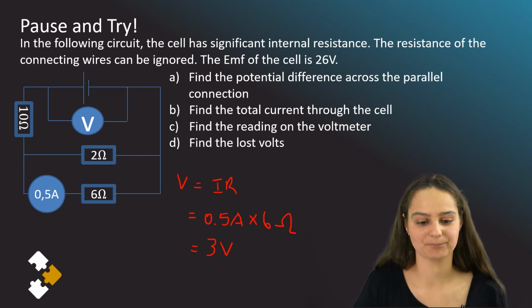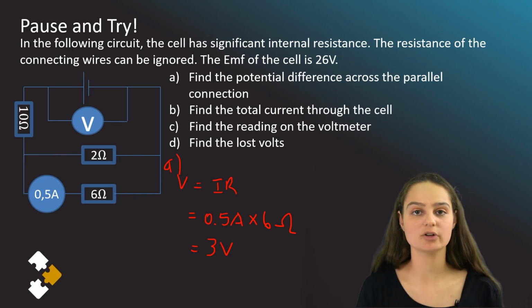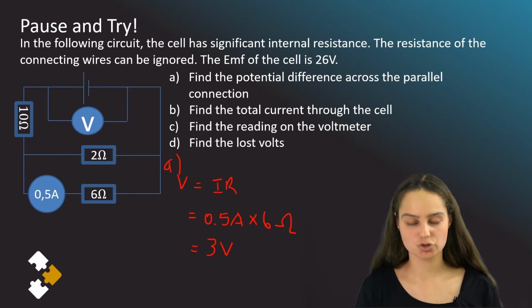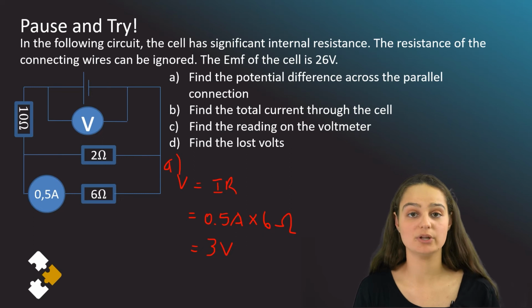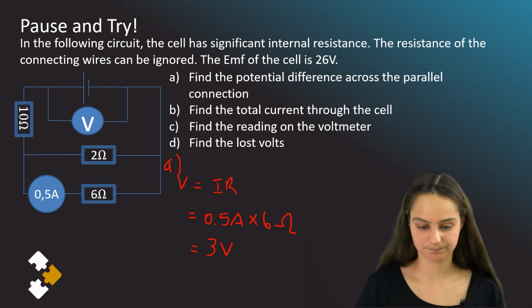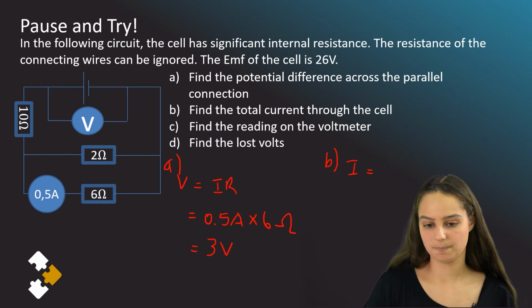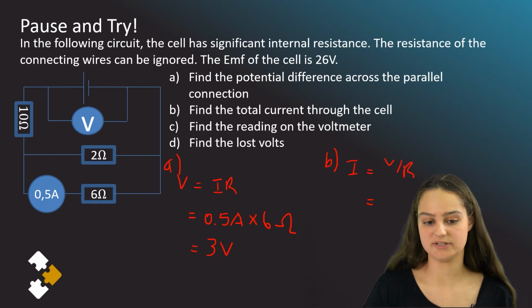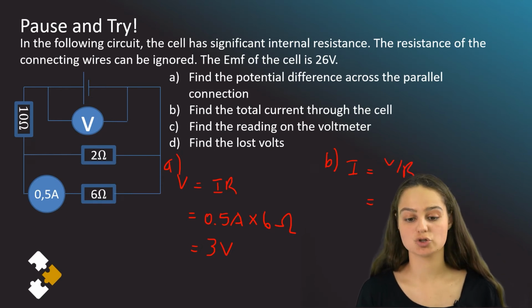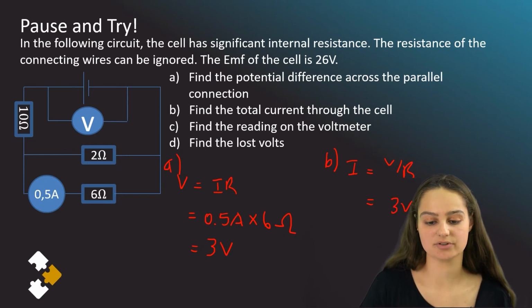That is question A. Then question B is asking us to find the total current through the cell. So from the question that we've just done, we know that the voltage through the first branch is 3 volts. So we know that current is equal to V over R. And now we're dealing with the first branch. So the voltage through this we've said is 3 volts and the resistance is 2 ohms.